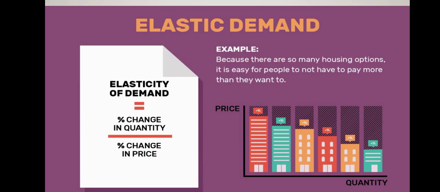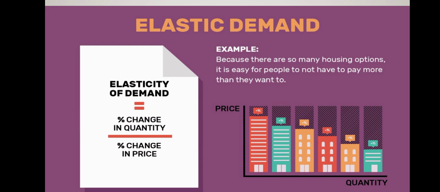Let's talk about elasticity of demand now. Elasticity of demand will always tell you about the changes in the quantity demanded due to the changes in the price of a particular commodity. Elasticity of demand is always calculated in terms of percentage.